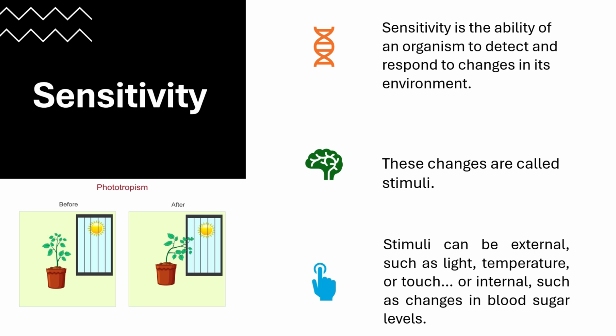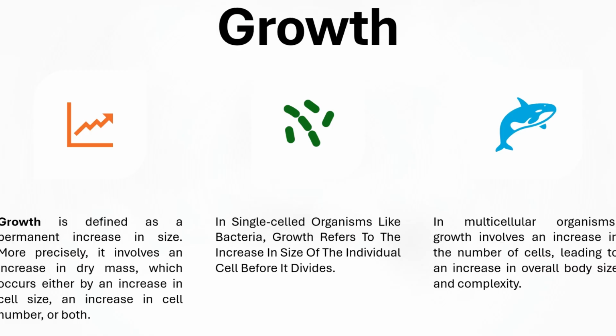But what happens after an organism has its energy and is responding to the world? It starts to get bigger. So, let's look at our next letter G, that is for growth. In biology, growth is about more than just getting taller. It is a permanent transformation.